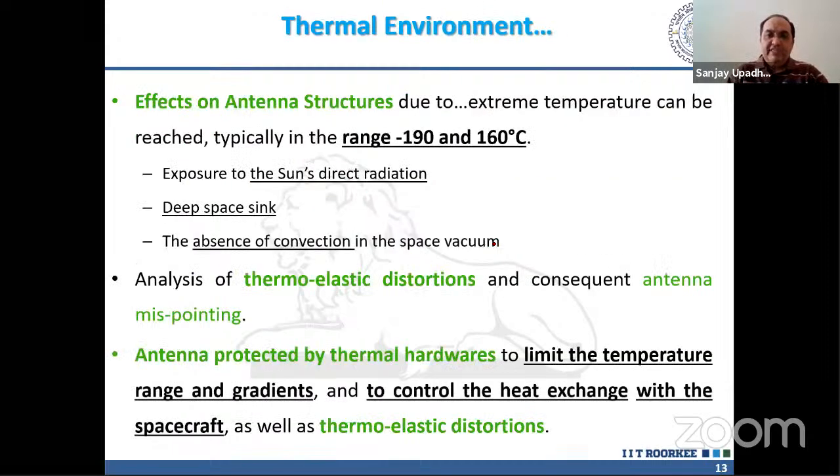So we need to consider everything when we are developing space shuttles. You see temperature minus 190 to 160 degrees, exposure to direct sun radiation, deep space, absence of convection in the space vacuum.